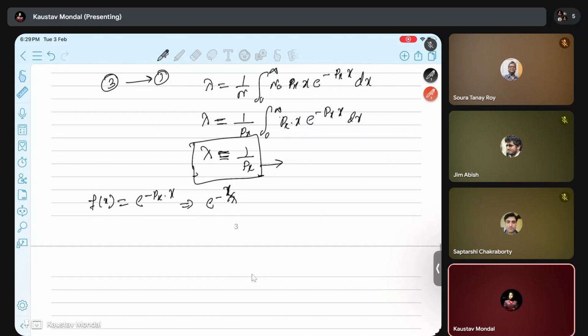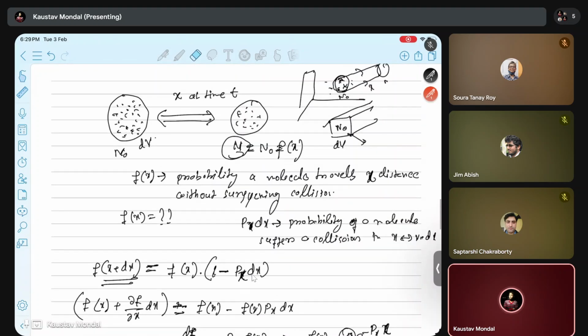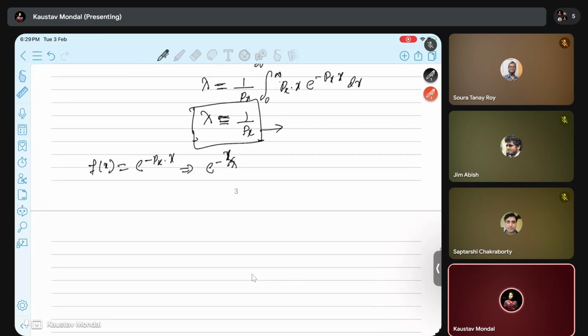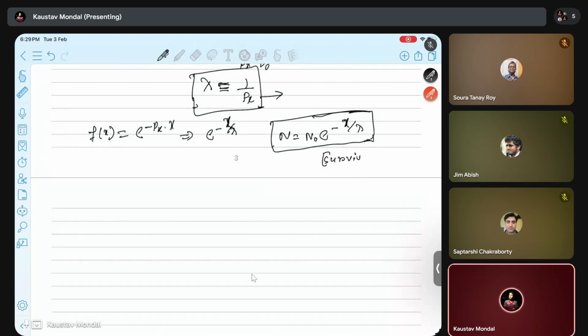Now from this relation you can write n equal to n0 e to the power minus x by lambda. This equation is called the survival equation. This is a very important equation, you have to remember it. In exams, in order to solve many problems, you have to use this equation.